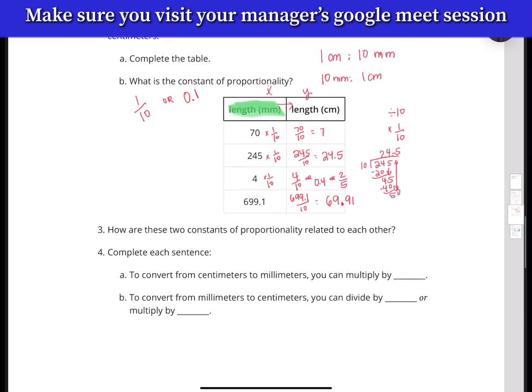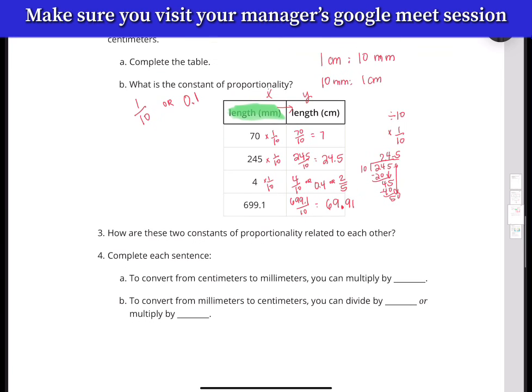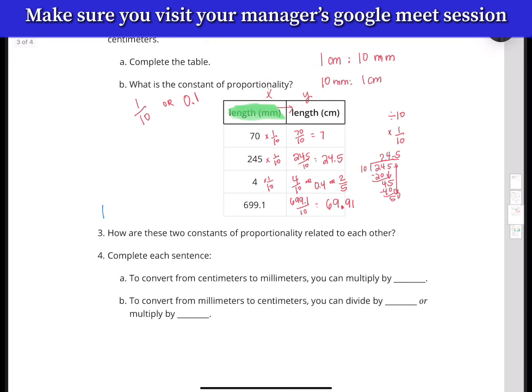Okay, so how are these two constants of proportionality related to each other? So the two constants of proportionality, which were the stars of the show, were 10 and 1/10. How are they related?